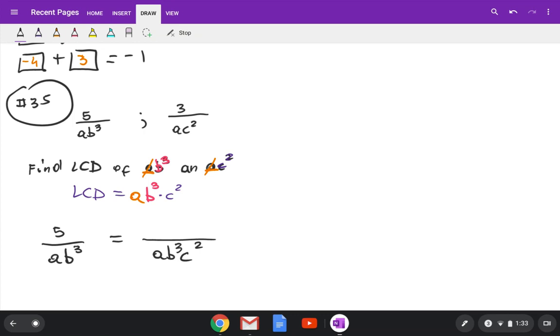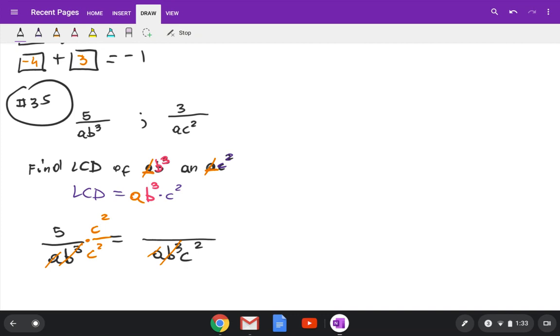Our original fraction has a already and b to the third power already, so we're missing c squared. That means we multiply top and bottom by c squared.